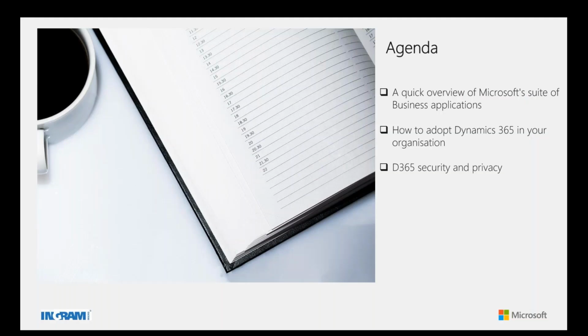Okay, so sit back and grab a cup of coffee while I walk you through the agenda. I'll be giving you a quick overview of the business application suite, and if you are trying to position a business app, what you should know about the app, or if you are implementing a business application, what you should know. And finally, I'll talk about D365 security and privacy policies.